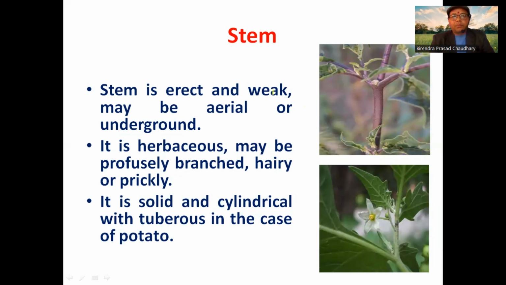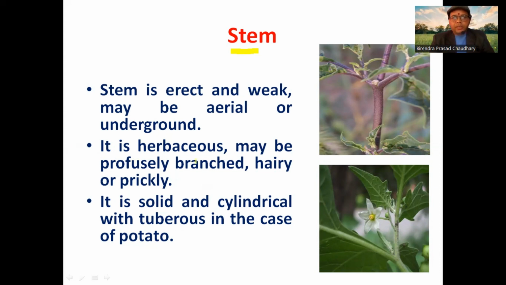Next, we have to study the stem. Stems are erect, means they can stand up, and generally they are weak. They may be aerial or underground. Mostly they are found in aerial form. They grow above the soil, whereas in some fewer species, like Solanum tuberosum, which is also known as potato, the stem is found under the soil, so it is considered an underground stem.